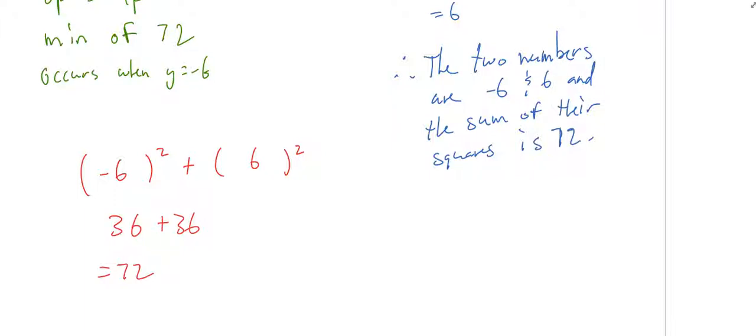And if I do 20 squared plus 8 squared, I get 464, so I get a bigger number. Turns out 72 is the smallest number you can get when you take two numbers that have a difference of 12 and you square them and then add them together. 72 is the lowest number you're ever going to get.